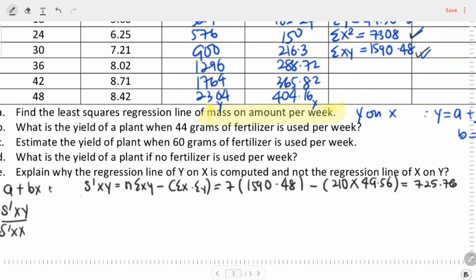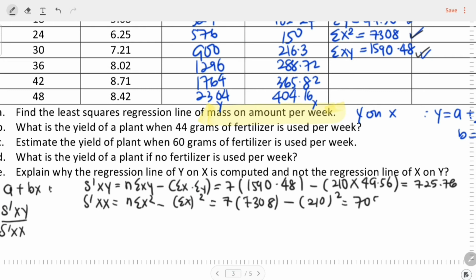Then s prime xx is n sum of x squared minus sum of x, squared, so 77308 minus 210 squared, which is equivalent to 7056.